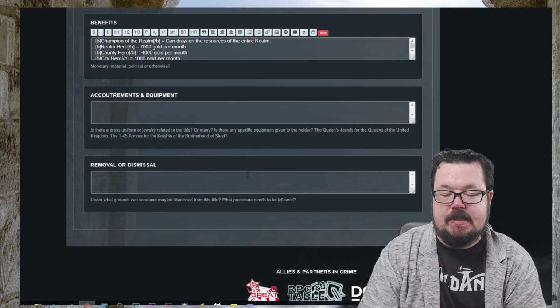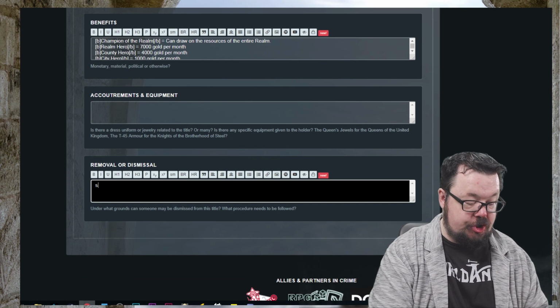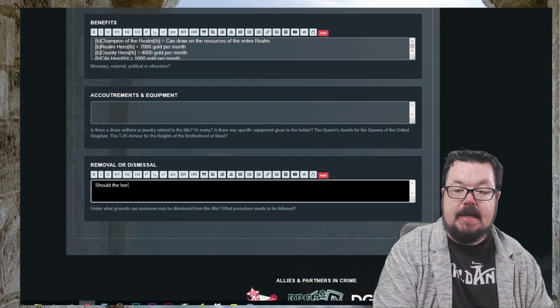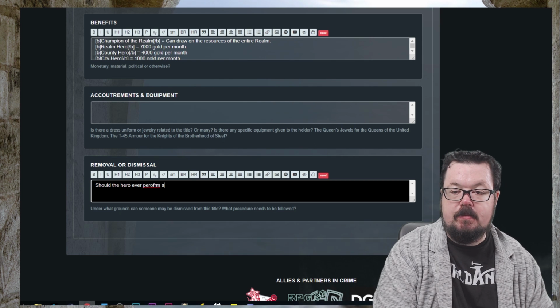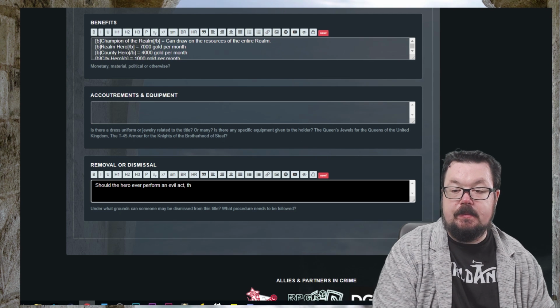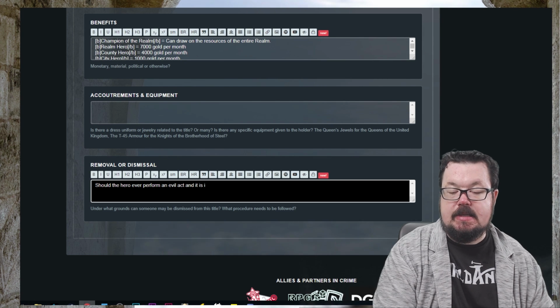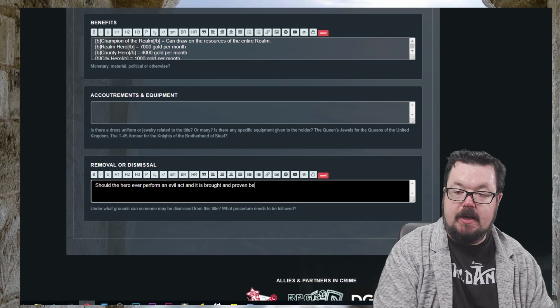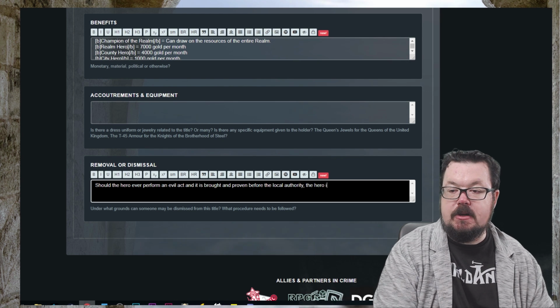Removal or dismissal. Should the hero ever perform an evil act, and it is brought and proven before the local authority, the hero is stripped of one seal.